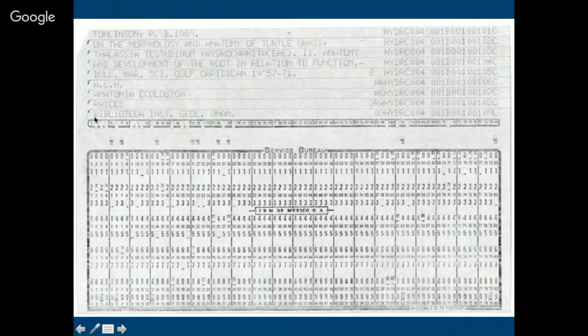This data record says Biblioteca Instituto de Geología UNAM, so the Institute of Geology Library at the National University of Mexico. You can see a literature citation. Essentially, this is just trying to create a basic bibliographic record, and it took, let's see, 1, 2, 3, 4, 5, 6, 7, 8, 9 of these cards.